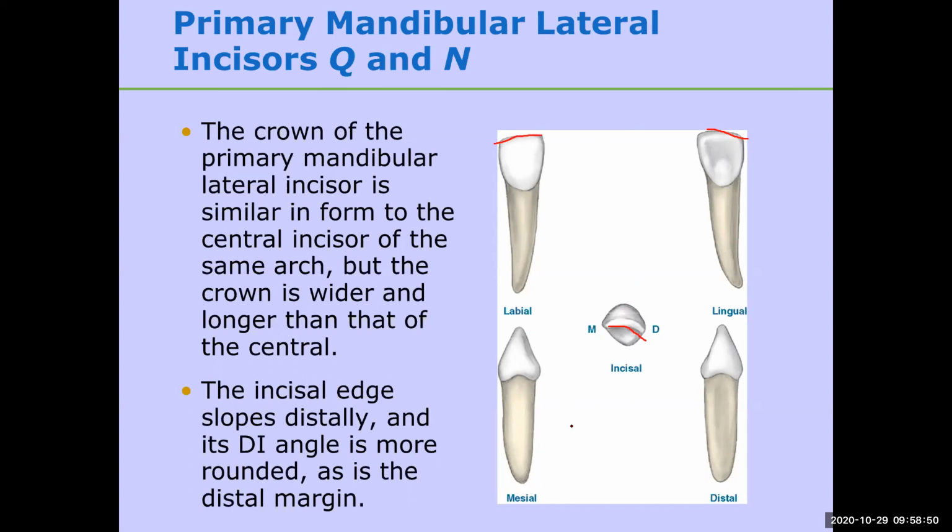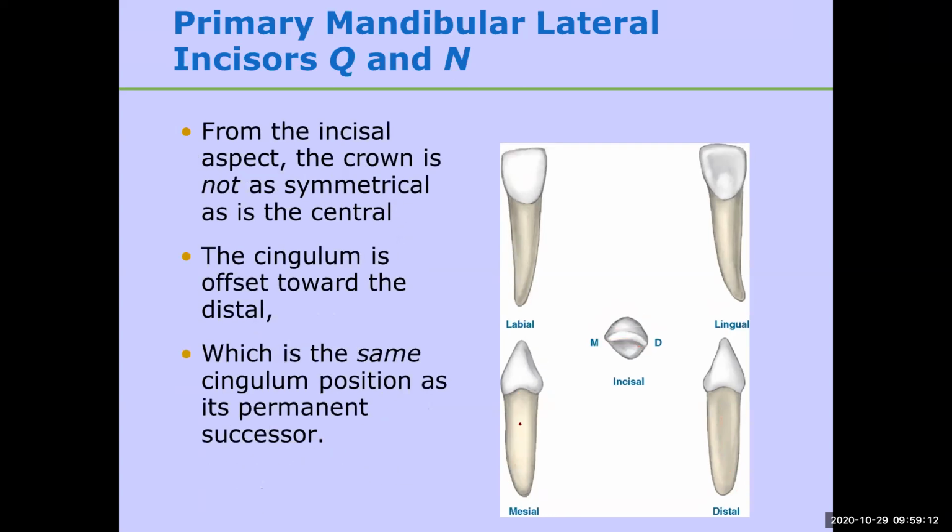So that is very similar to the permanent counterpart. The bulges are a little bit longer, and if this was truly something that wanted to depict deciduous, they'd put a little bit of a bend there. The cingulum is offset because of that distolingual twist.